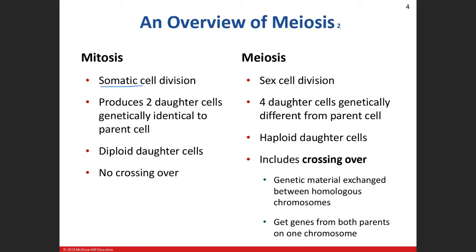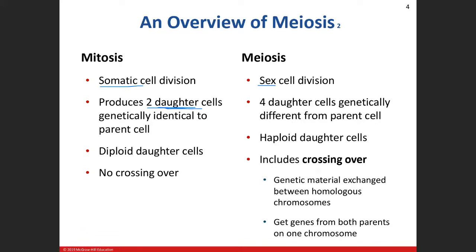This next slide shows a quick comparison between mitosis and meiosis. So mitosis, somatic cells; meiosis, gametes, or sex cells. At the end of mitosis, we talk about this, for example, in the skin, our keratinocytes. When a keratinocyte divides in the stratum basale, one cell stays in that stratum basale layer, and the other one is going to move up into the stratum spinosum. That cell is called the daughter cell. So we have two daughter cells that will be produced from mitosis.